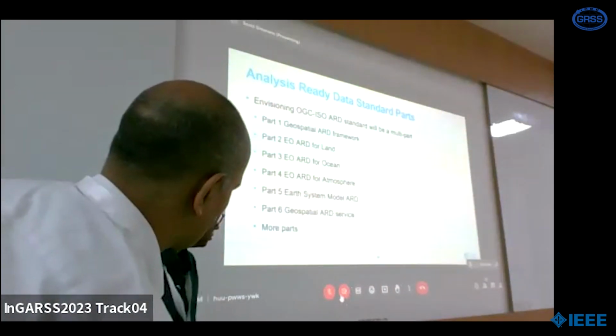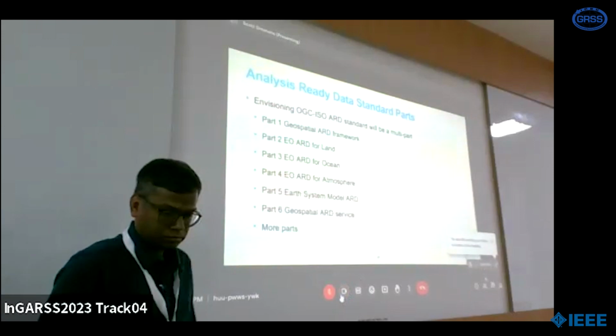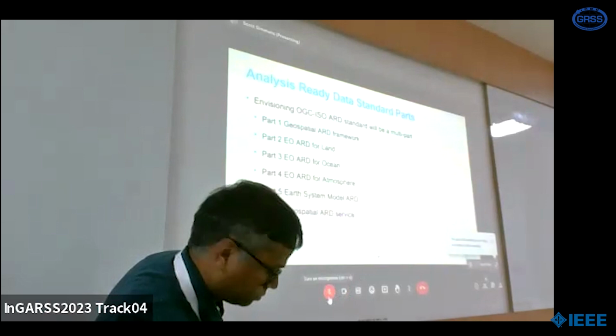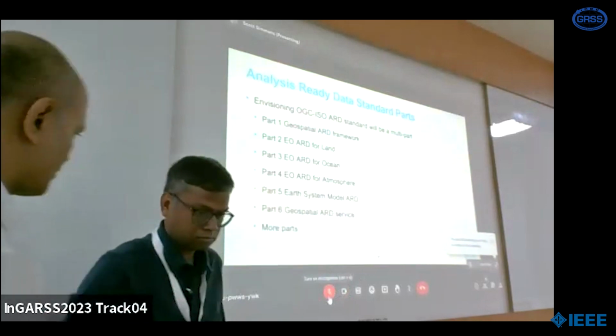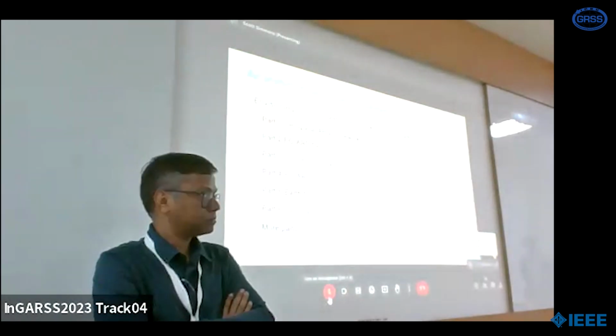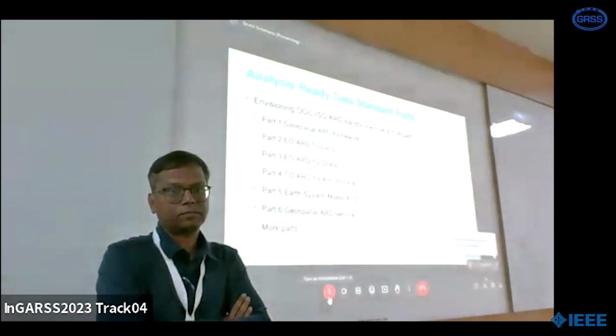So yes, the unfortunate answer is no standard yet, but radar is informing this ARD work, and we hope it will lead to further work on standardization in OGC or elsewhere on radar data patterns.